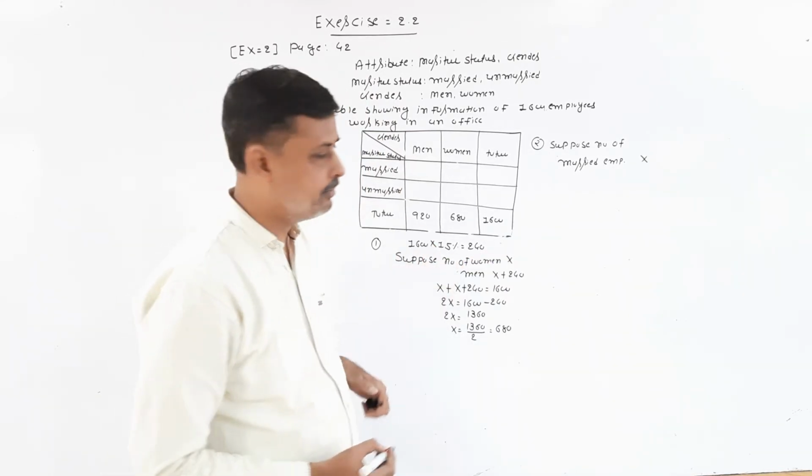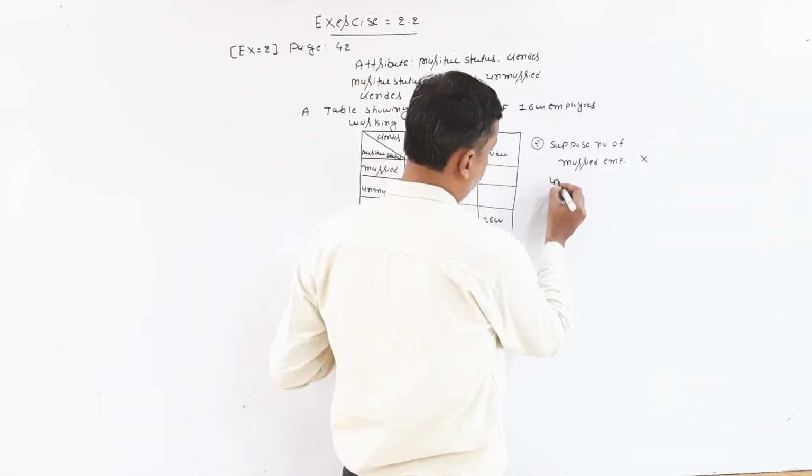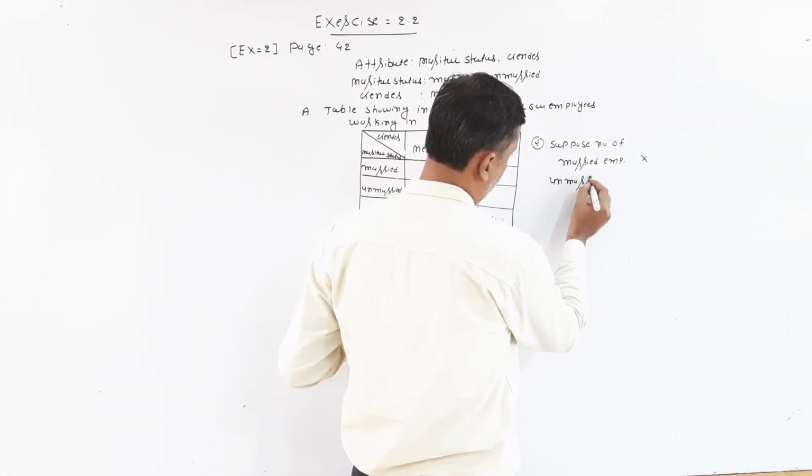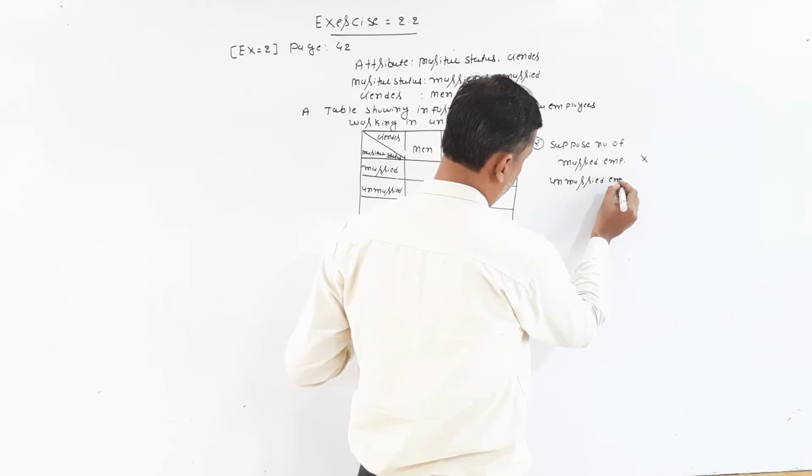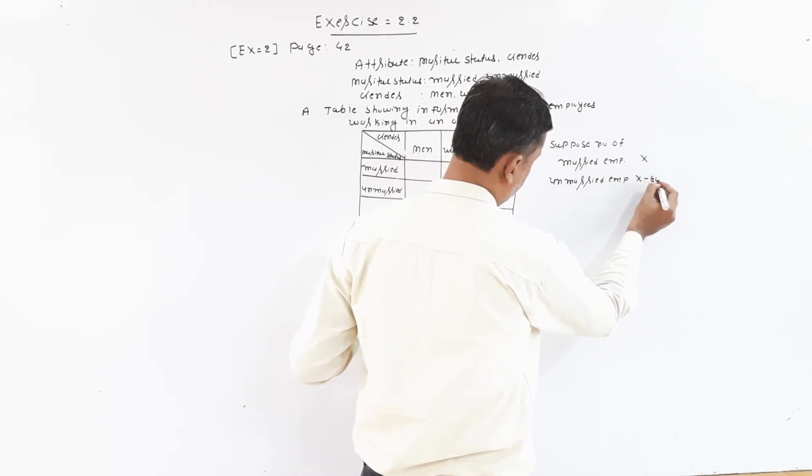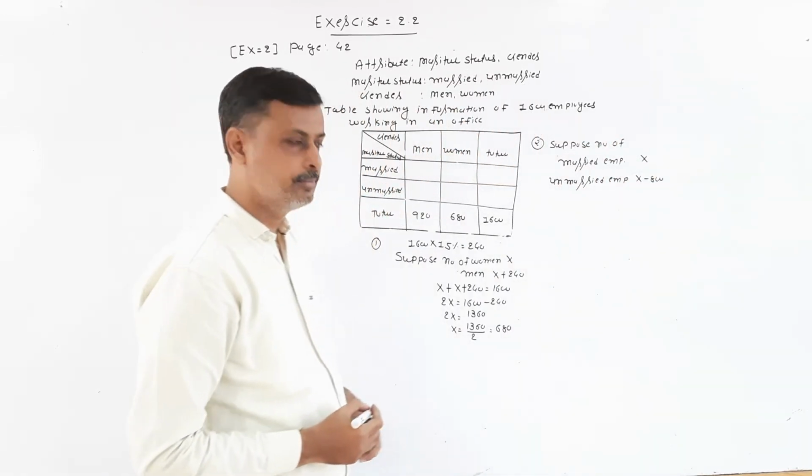Less means minus. So unmarried employees x minus 800.